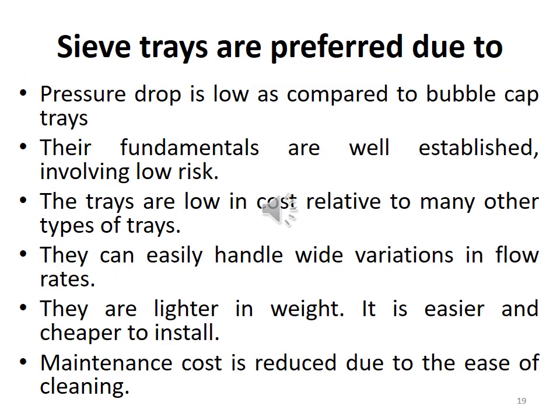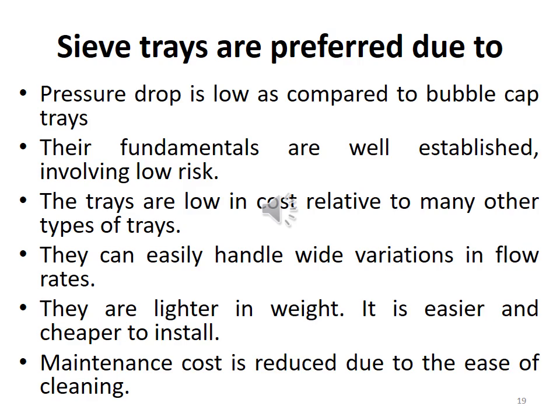Among different column internals, sieve trays are preferred due to the following reasons. Number one, the pressure drop is lower as compared to the other column internals as well as the bubble cap trays. Their fundamentals are well established, which involves low risk in the distillation column operation.